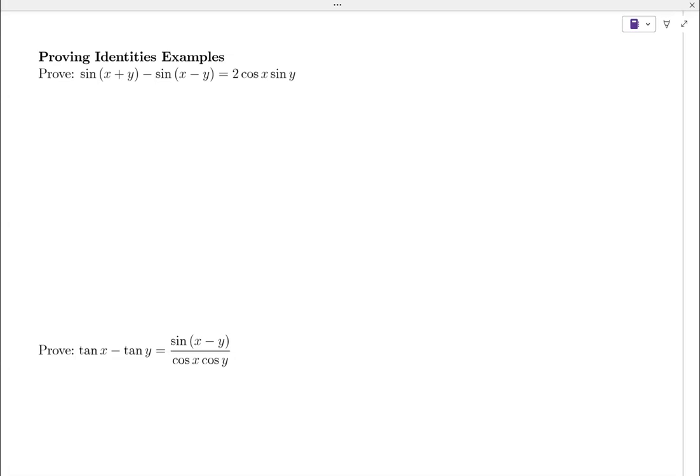The left, right? Not only does it look more complicated, we just learned about sum and difference formulas for things, right? So working with the left-hand side, we'll start with sine of x plus y minus sine of x minus y. How can we rewrite sine of x plus y?